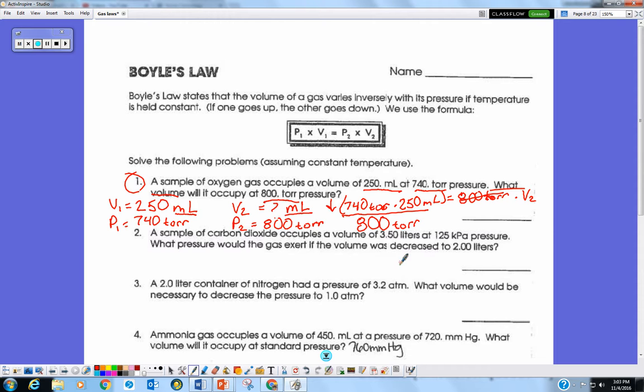Now just working through it before we do everything, I want to show you why you get your units in milliliters. So we have torr divided by torr, so that cancels, leaving only milliliters for your solution. And then let's work it. So when working the problem, a couple of things to notice.